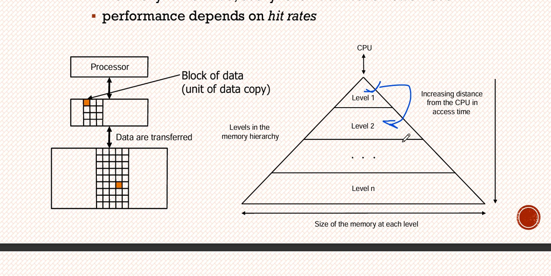But the whole point is that anytime you try to get a location from an upper memory and you don't get it, there is something we call the miss penalty. Now that you did not get it, you have to pay some price to go lower.